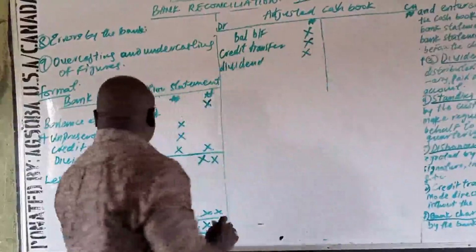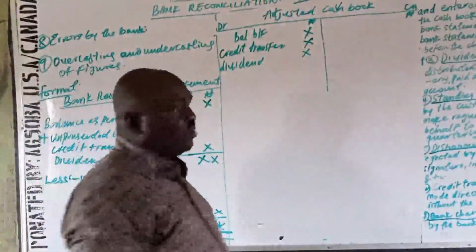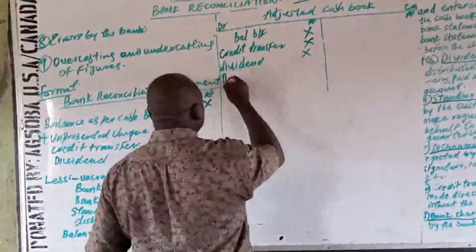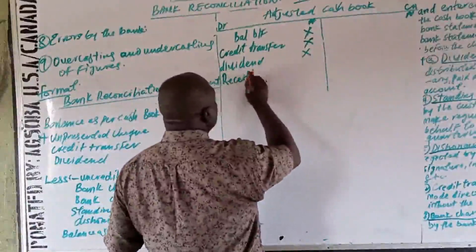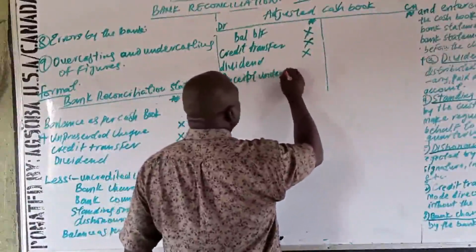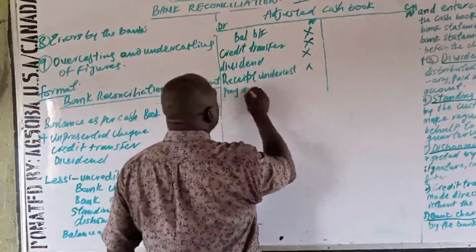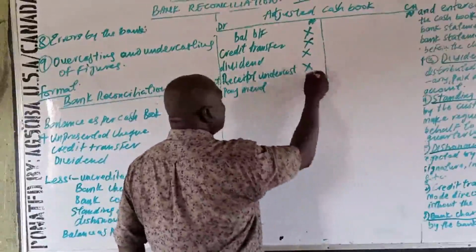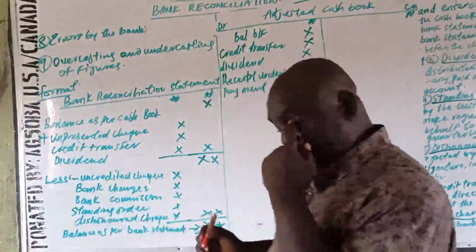And then if there's another one, we look at our receipt on the cash and payment on the cash. We look at our receipt on the cash, and then payment over cash.